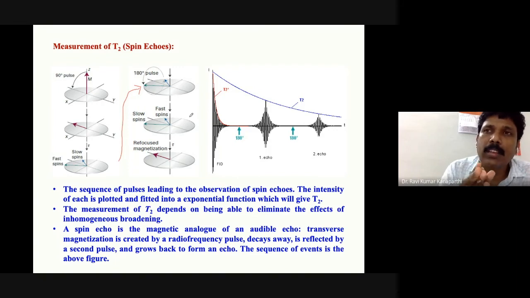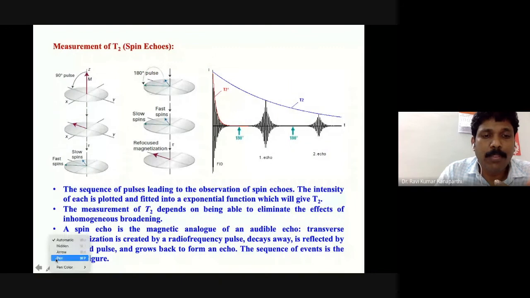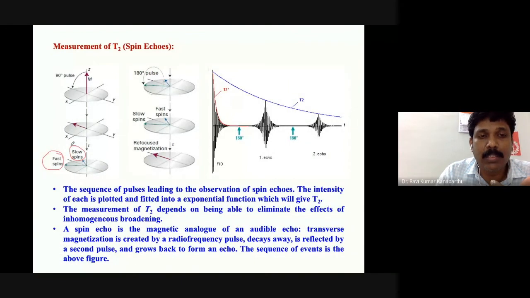What you see is that you have a faster one and you have a slower one. Okay, originally you can notice here, slower spins are here and faster spins are here. I mean faster in the sense moving at a fast rate. So spins moving at a fast rate are here, spins moving at a slow rate are here.